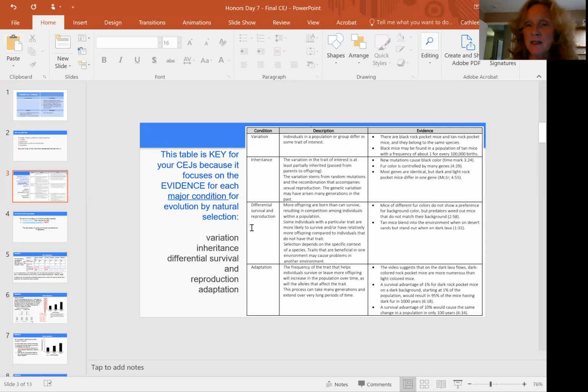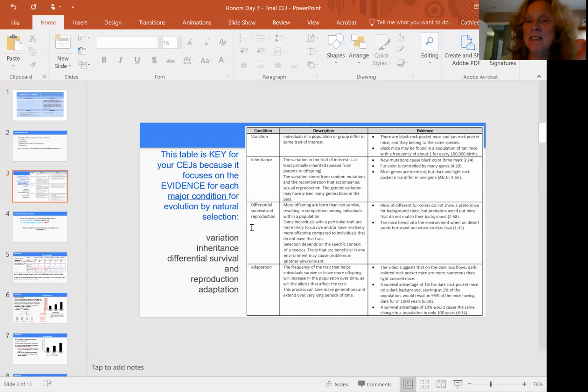But let's look at inheritance, all right? What you discovered was that for the gene we were analyzing in those pocket mice, the video went down specifically and told you which parts of the genes differ. Most of the genes are completely identical, as the video tells you, but there's just one difference.